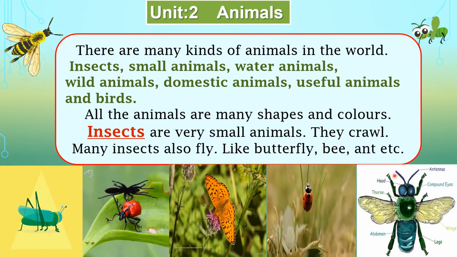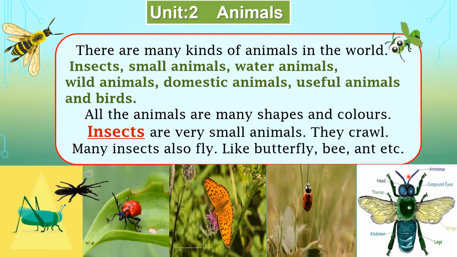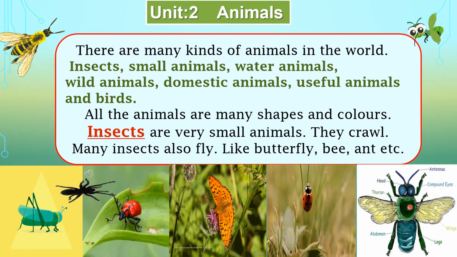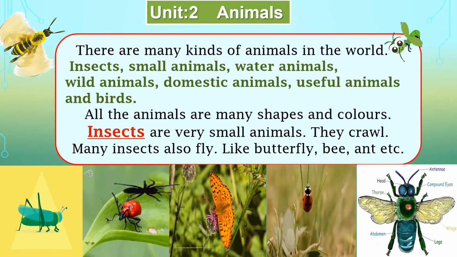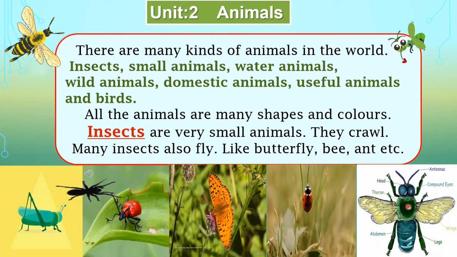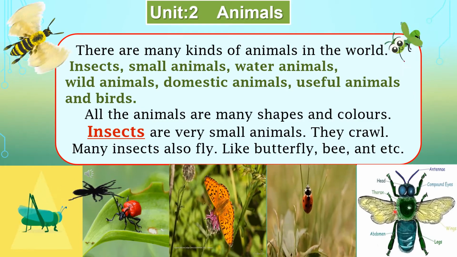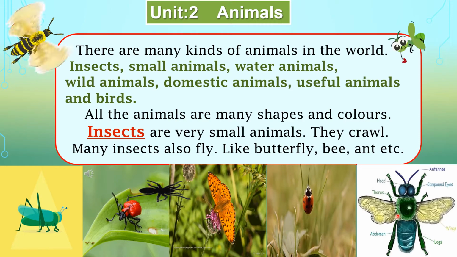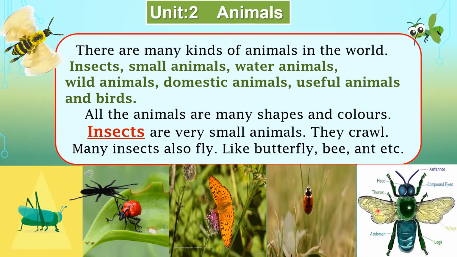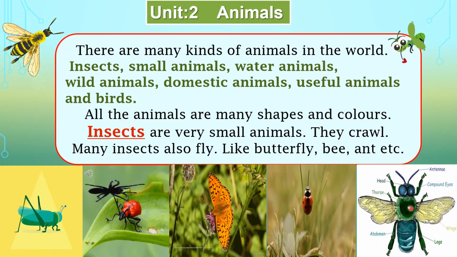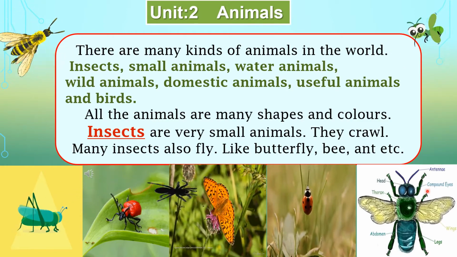Now, the second part is the thorax. It is right below the insect's head, and it is the middle section. The thorax of an insect is kind of like your chest, except insects have 6 legs that come out of their thorax.